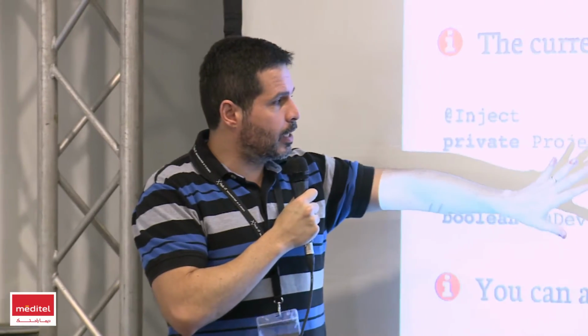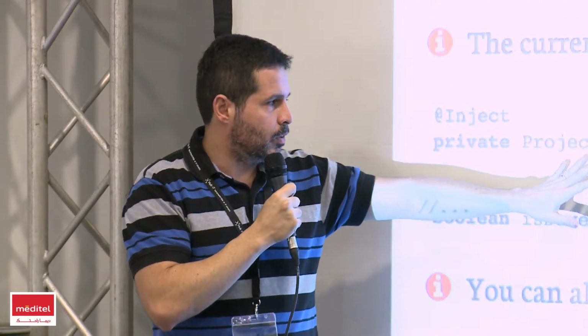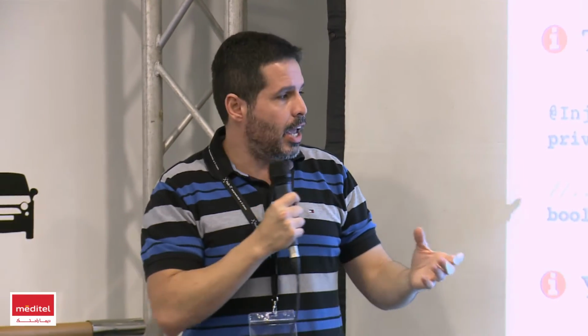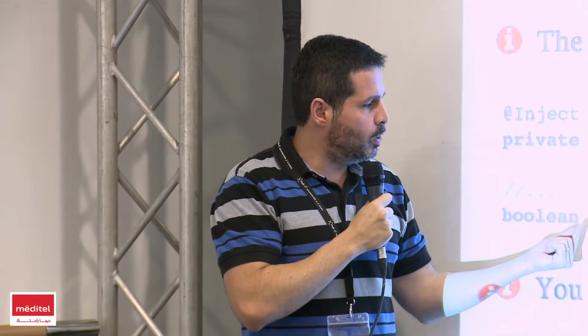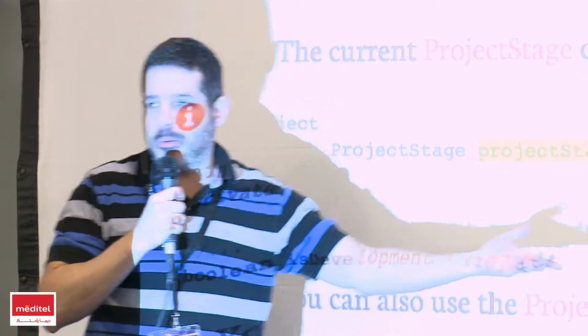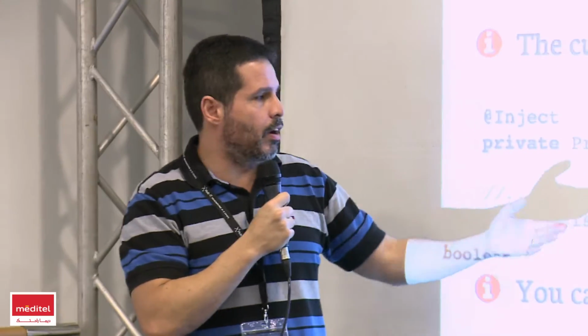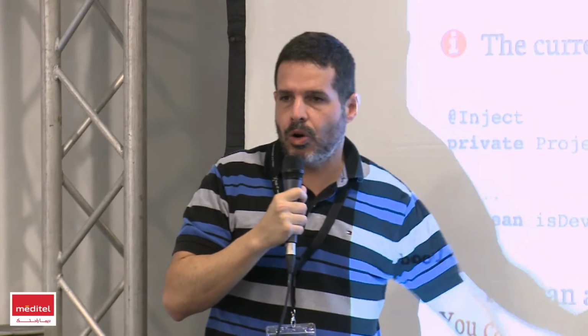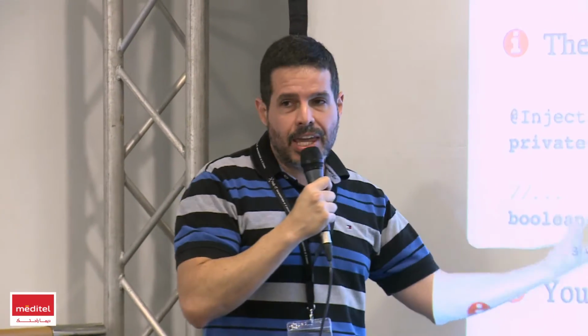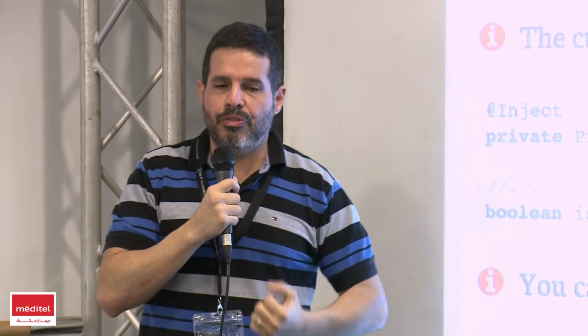DeltaSpike comes with a class called ProjectStage that you can just inject, and then later on in your code, you can compare if the injected class equals development, or equals production, or equals unit testing. So you can identify what's the project stage at that moment of your application.